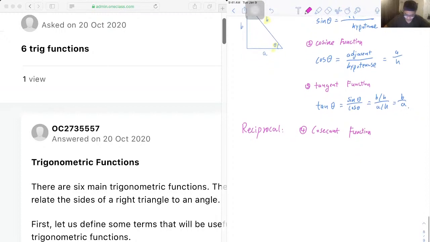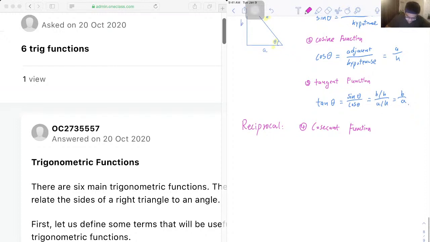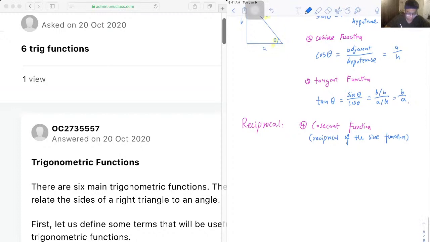That is a reciprocal of the sine function, which is represented by the symbol CSC. So cosecant theta is equal to 1 over sine theta.